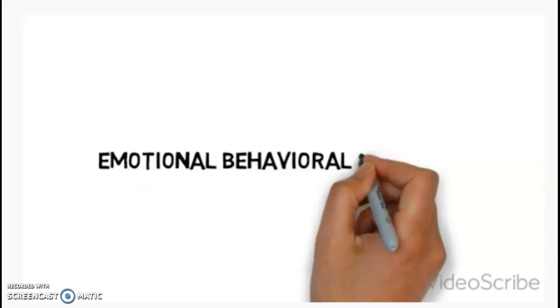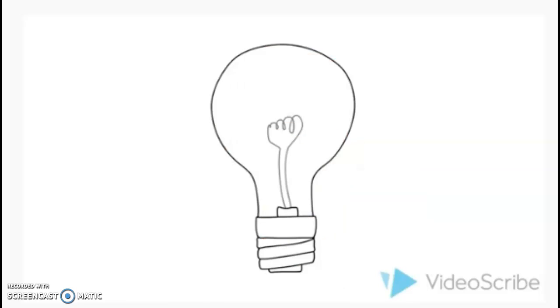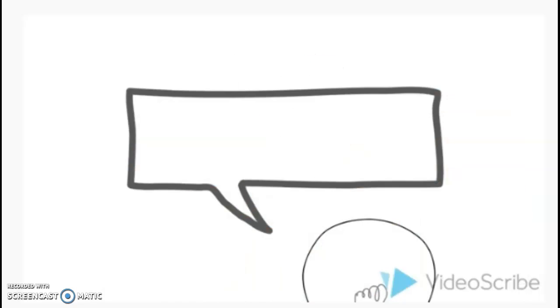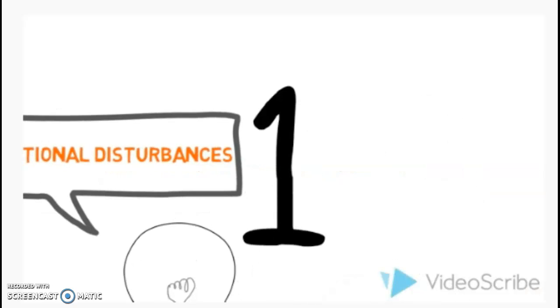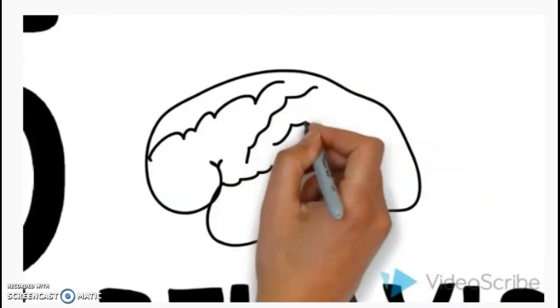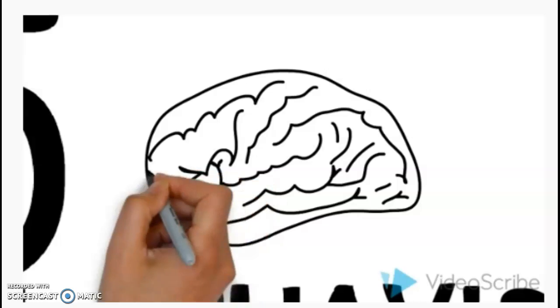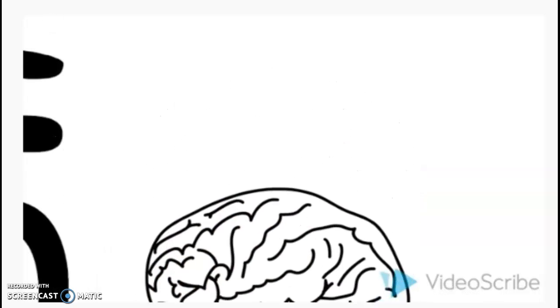Emotional behavioral disability. This disability is defined by IDEA under emotional disturbances. One or more of the following 5 characteristics must be present in order for the student to be diagnosed. An inability to learn which cannot be explained by intellectual, sensory, or health factors.